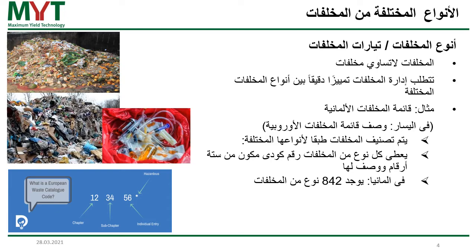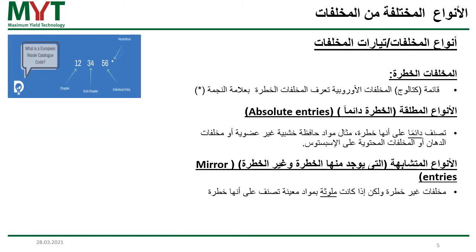And you see this small blue picture which explains this waste catalog for you. So the first 2 digits are the chapter, the second 2 the subchapter, and the last 2 the individual entry. And when you see the asterisk, as you can see here on the blue box, you know directly that this waste is a hazardous waste. But we go more in detail on it on the next slide.